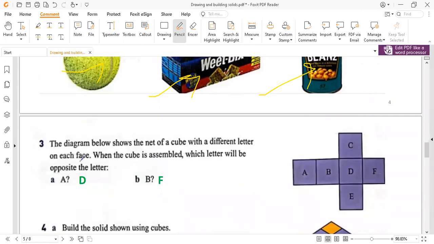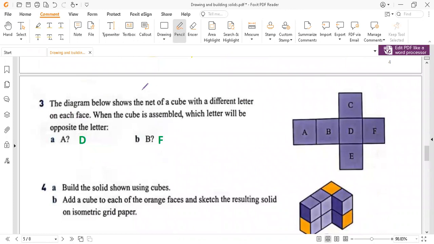In this diagram, we have the net of a cube. We know that the cube has six identical congruent faces, where each one is a square. They ask us to find which letter will be opposite to another letter.